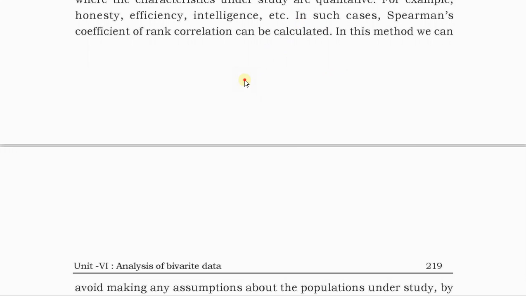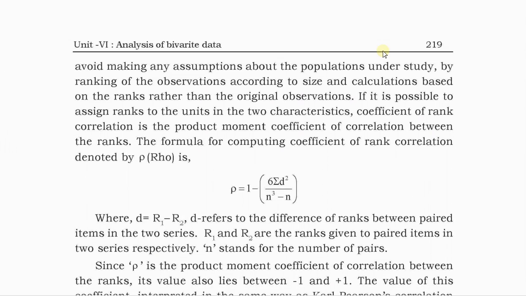In this method, we can avoid making any assumptions about the population under study by ranking the observations according to size and doing calculations based on those ranks rather than the original observations. If it is possible to assign ranks to the units in the two characteristics, the coefficient of rank correlation is the product moment coefficient of correlation between the ranks.